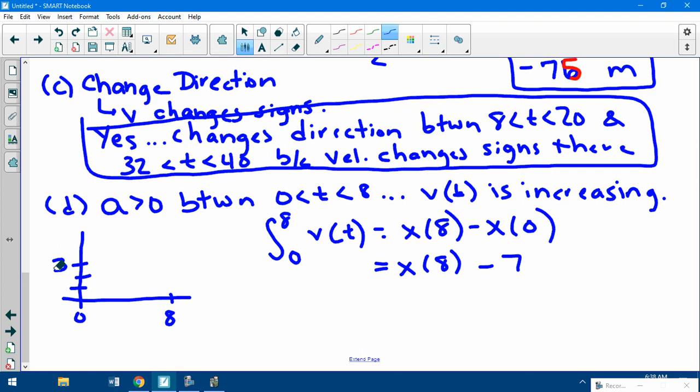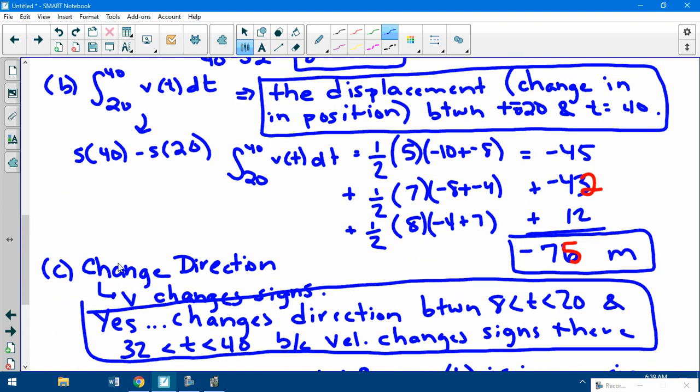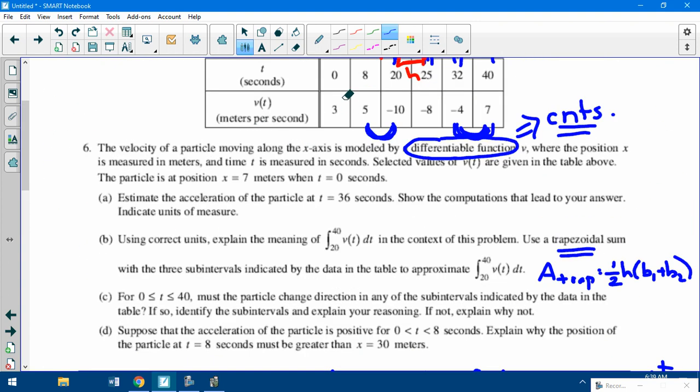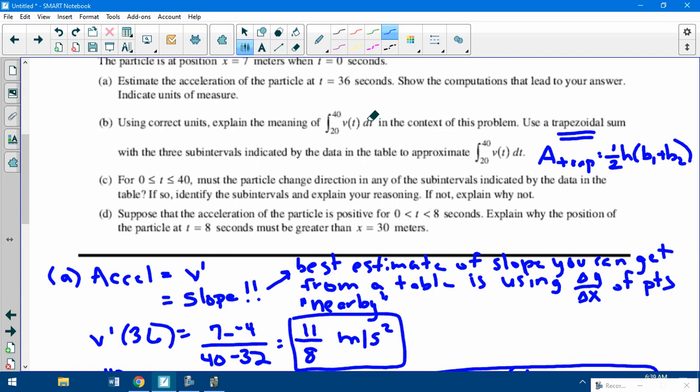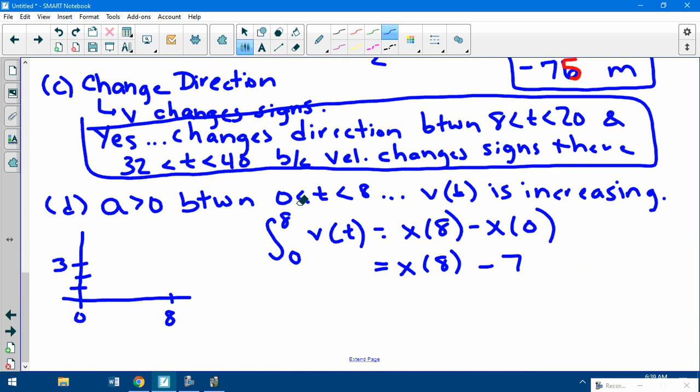And I know that velocity is increasing because the acceleration is positive. So even though I know that by the time I get to 8, it ends at 5, I don't know how it gets there, but I know that the velocity is increasing. It's increasing somehow. It's never decreasing. It's always increasing because the acceleration is always positive. So what I can say for sure is I know it was at 3.